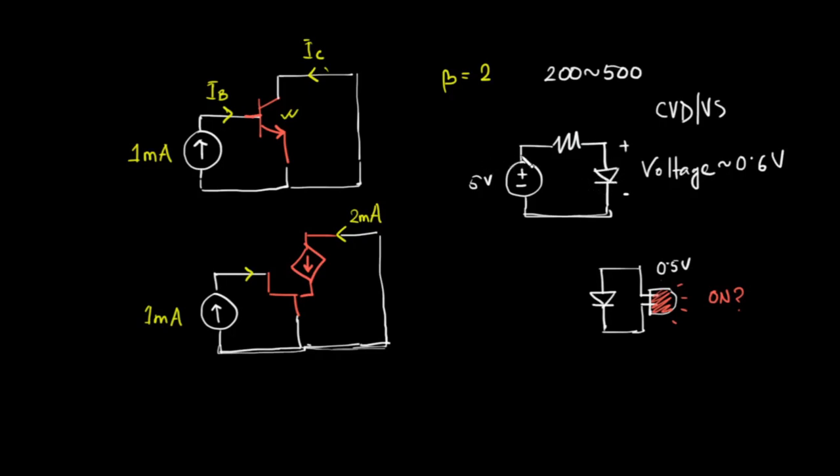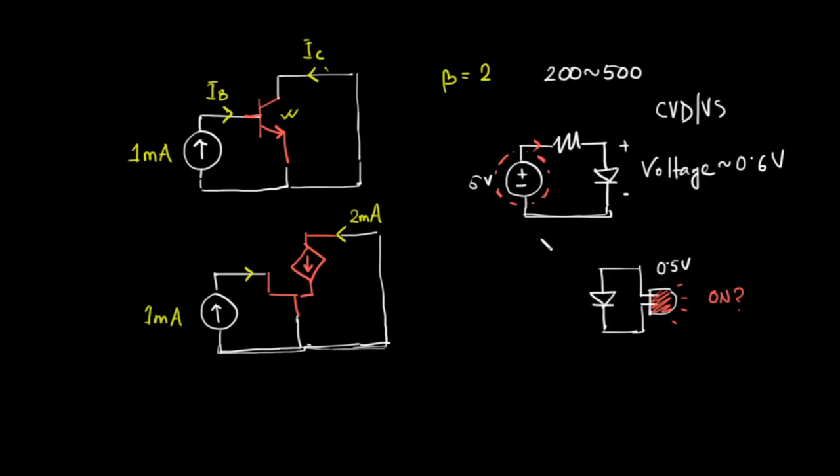It is produced by this voltage source. So in order for a diode to operate, you need an external voltage source that will supply the current that will flow through the diode.